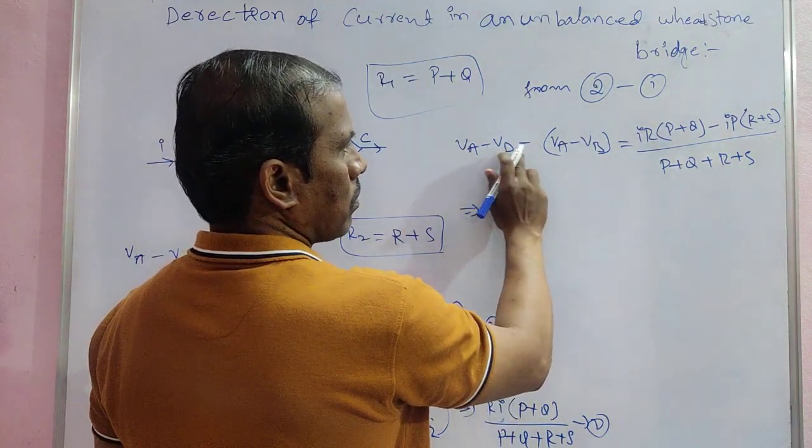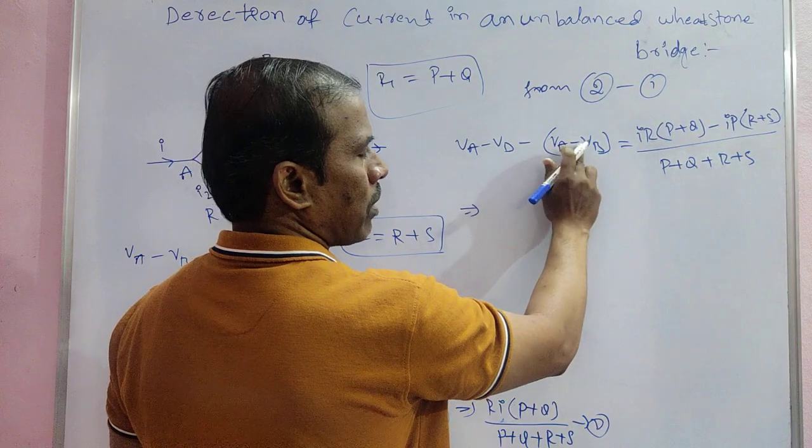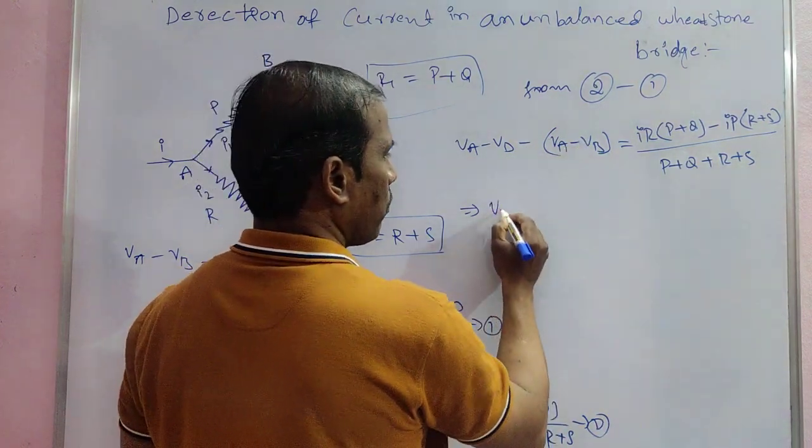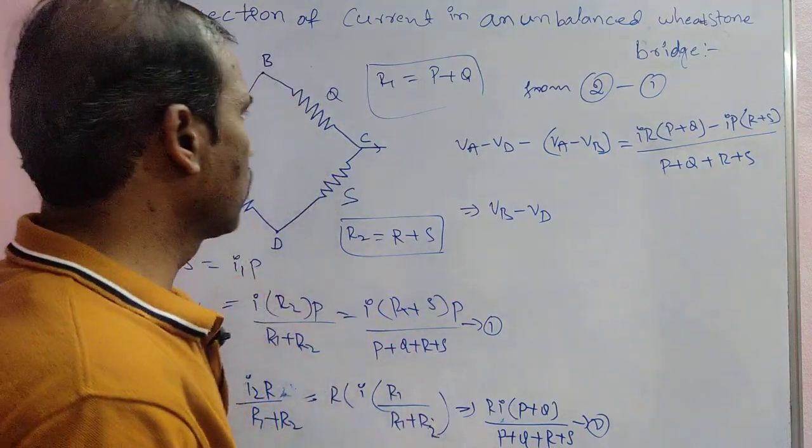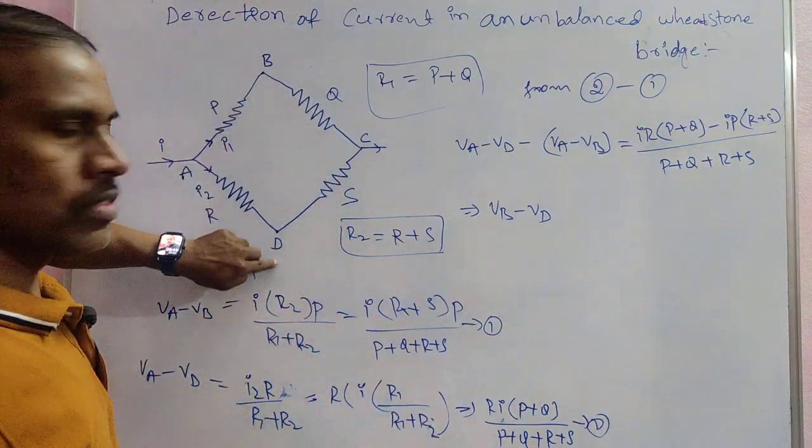VA minus VD here, minus VA plus VB, that is equal to VB minus VD. This is the potential difference between VB minus VD.